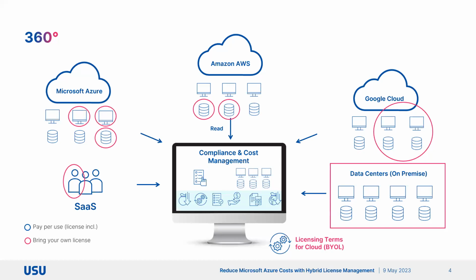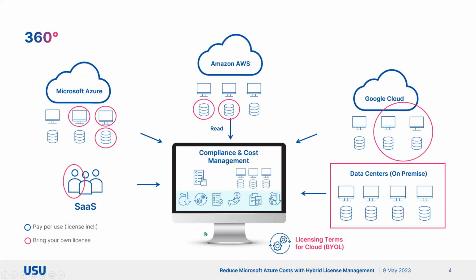And for bring your own license, of course, we need to ensure software compliance. So we have to know, or we have to use a solution that knows and does the job, the licensing terms for cloud. So I will show that for combinations of software vendors and cloud providers, there can be different licensing rules and also restrictions.